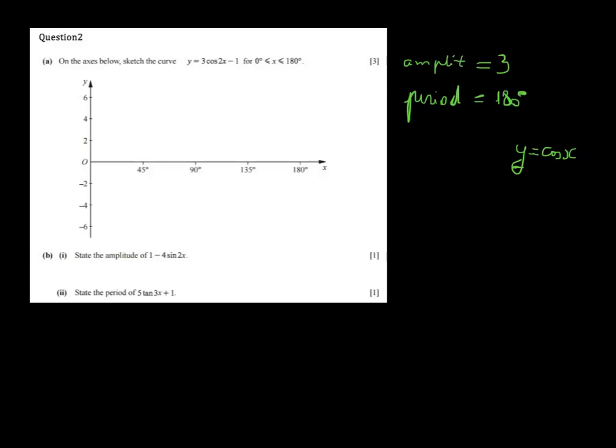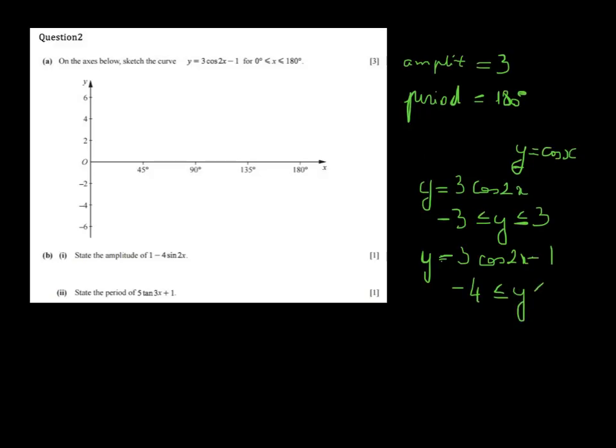And then y equals 3 cos 2x will be between -3 and 3. So if I have y equals 3 cos 2x minus 1, take away 1, it needs to be between -4 and 2.